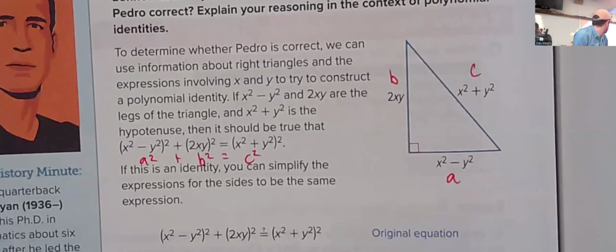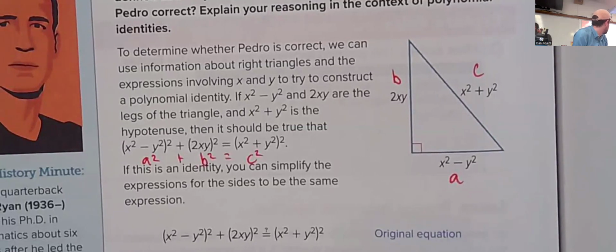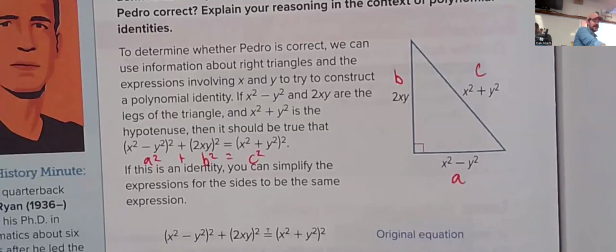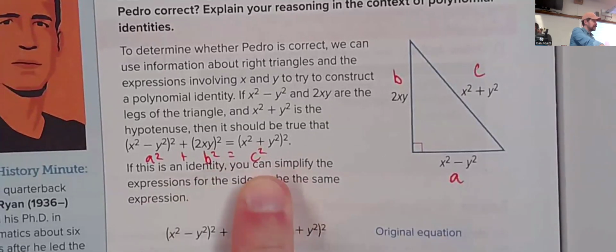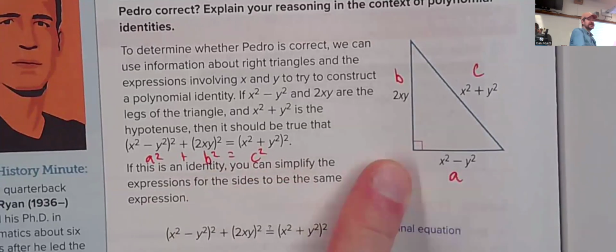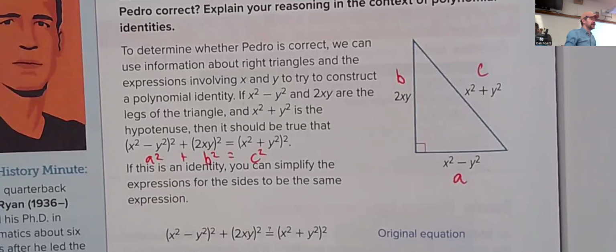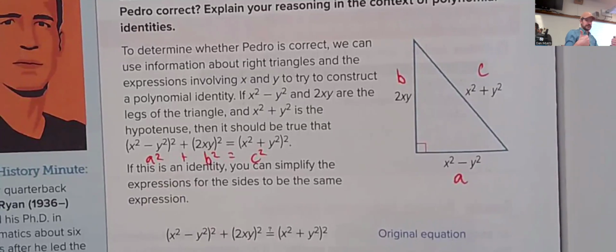Because a was x squared minus y squared, b was 2xy, and c was x squared plus y squared. So that needs to be true if this is actually a right triangle. Because if it doesn't equal each other with a squared plus b squared equals c squared, then it can't be a right triangle. Everybody good so far? Okay.